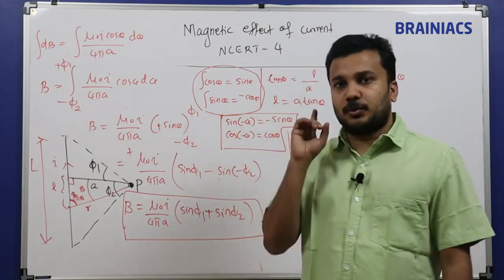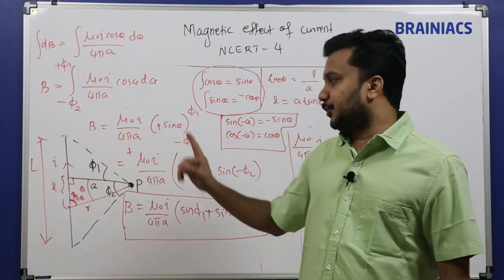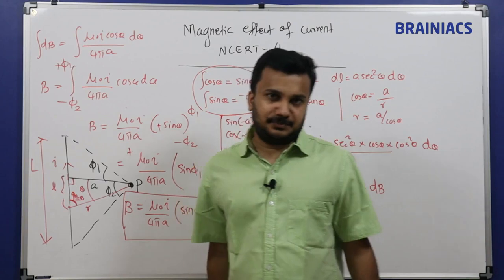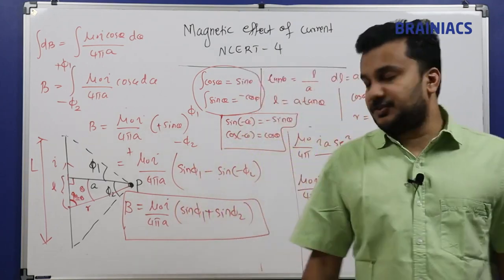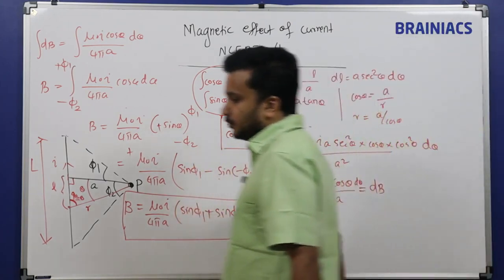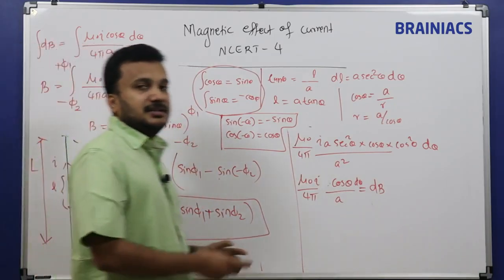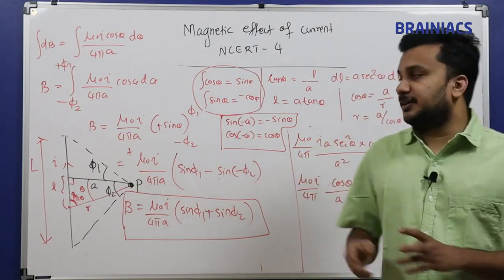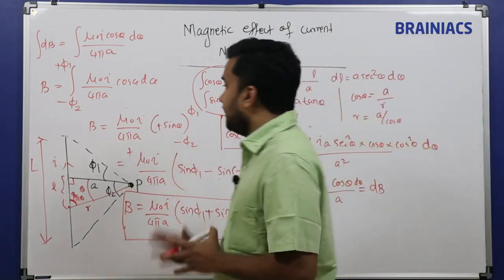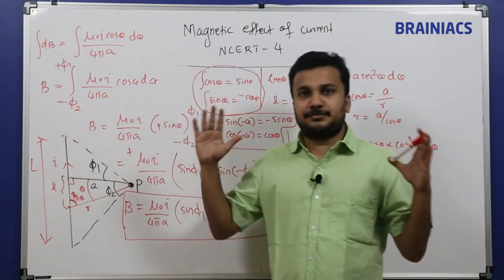Your final equation only contains phi1, phi2, I and a. So hope this derivation is clear. This formula is important: mu 0 I by 4 pi a into sin phi1 plus sin phi2. This is the magnetic field due to a finite current carrying conductor. Finite means fixed length.